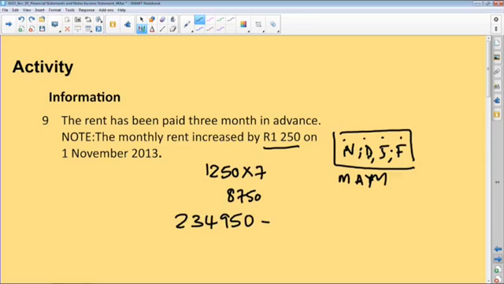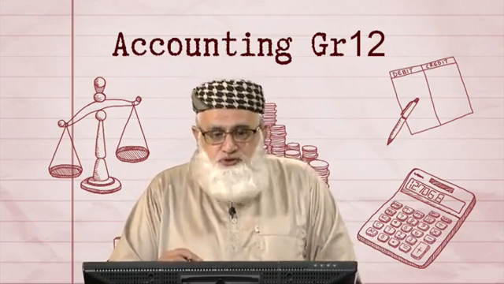Right. Now, step number 1. Remove the increase, minus 8,750. Why? You want to make sure that all the months in the spectrum are equal. At the moment, some are more than the other, so we couldn't just divide by a constant. We need to find out what was the amount prior to the increase.